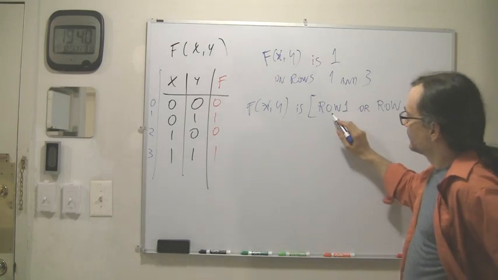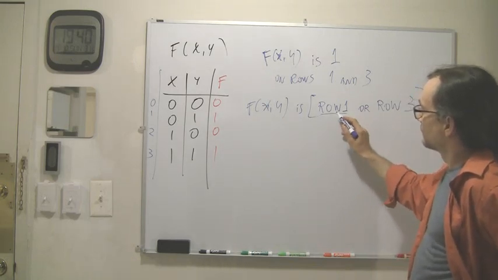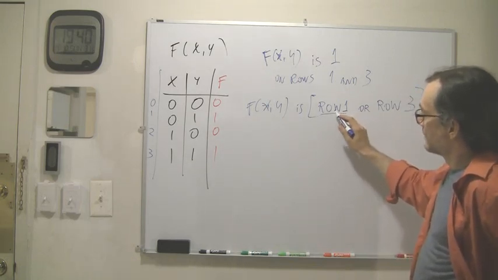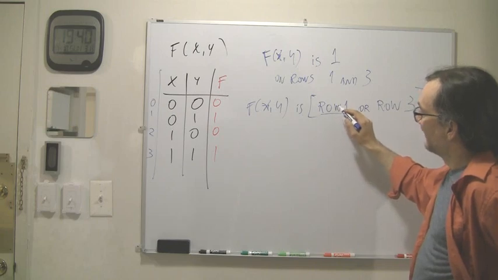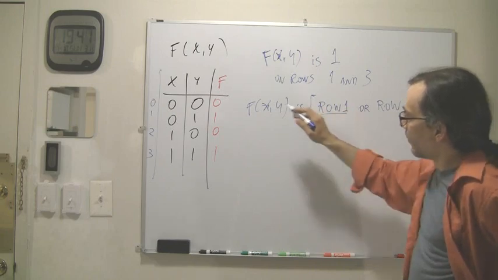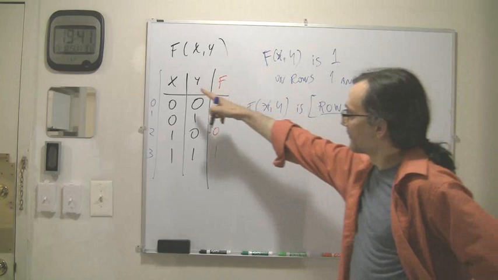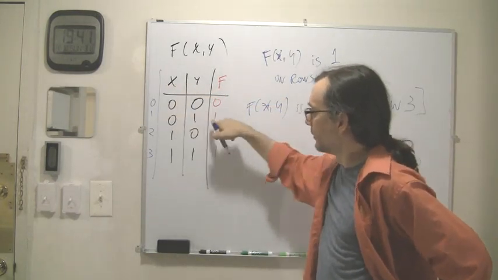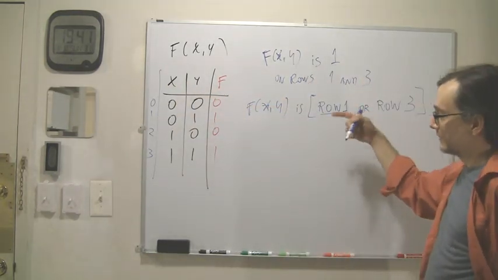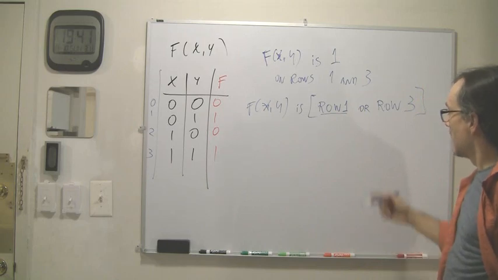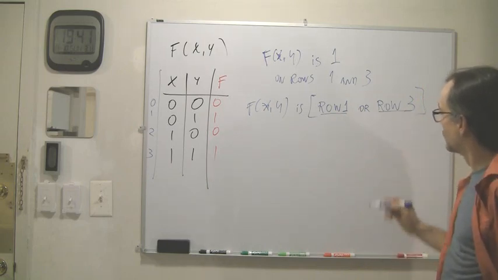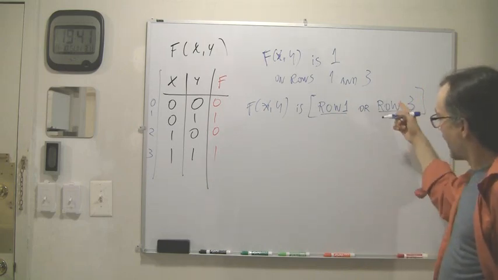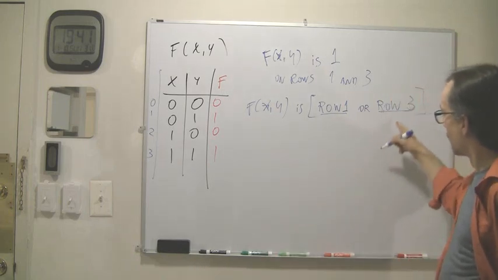Well, suppose that this is something that becomes 1 if and only if I am on row 1, that is, if the values of x and y put me on row 1. That is, if x is 0 and y is 1. And this is some expression in Boolean algebra that has the same property for row 3, right?